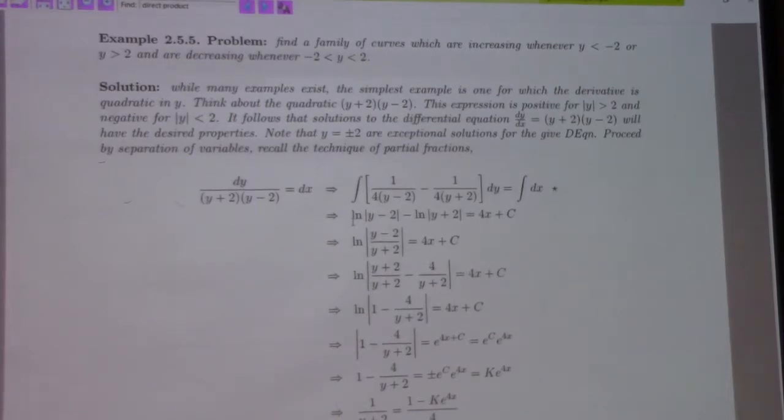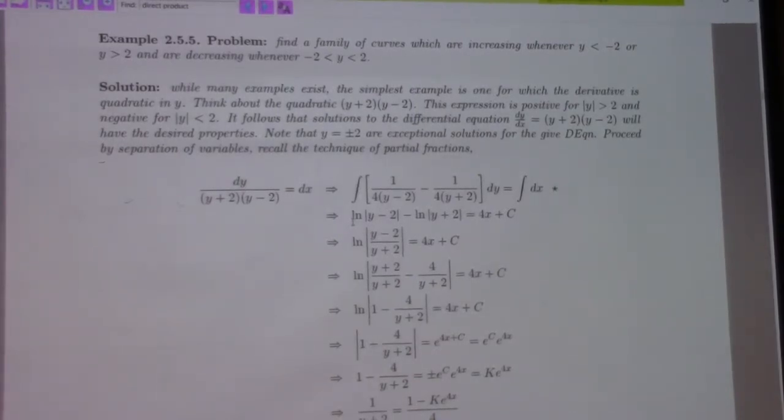So if you say dy/dx equals that quadratic in y, that's going to make y be increasing beyond plus or minus 2, where the quadratic in y is positive. For y between minus 2 and 2, we have it negative.